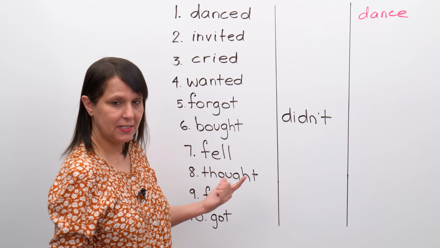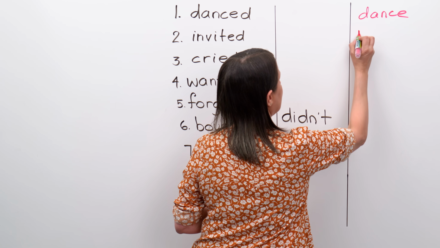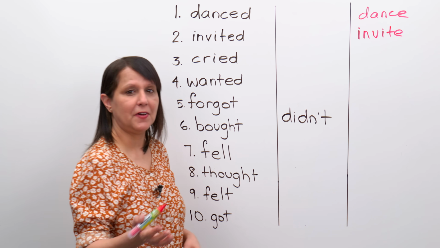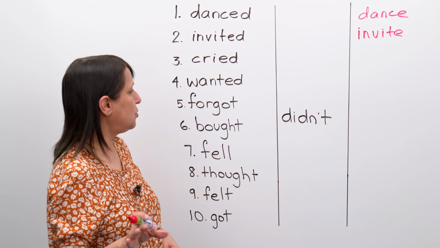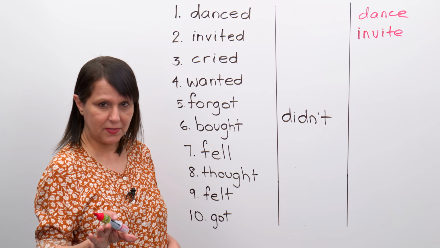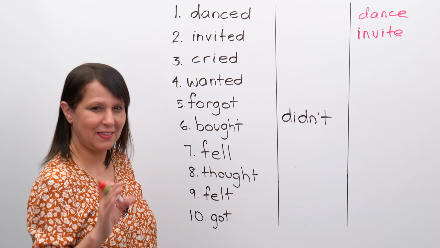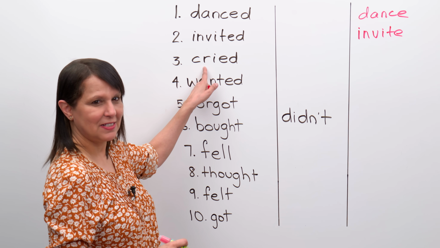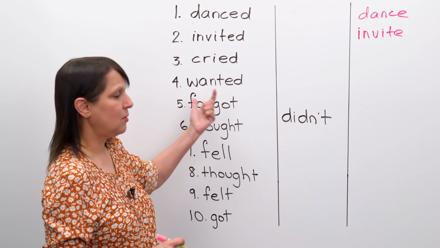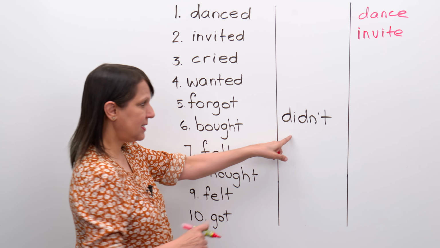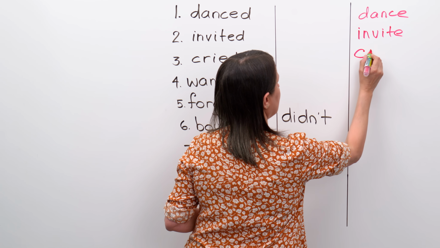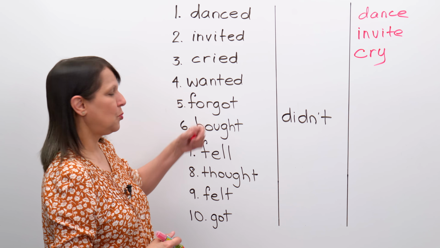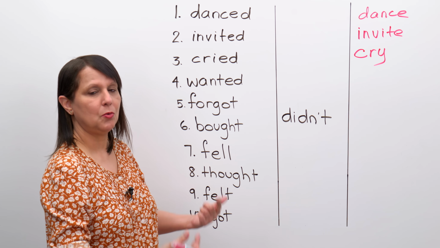She invited, she didn't. Invite. Okay? If you need to, you can pause the video, think through them, and then join me, or keep going. Let's continue. The baby cried, or the baby didn't cry. Good.